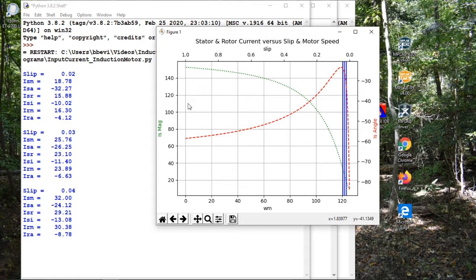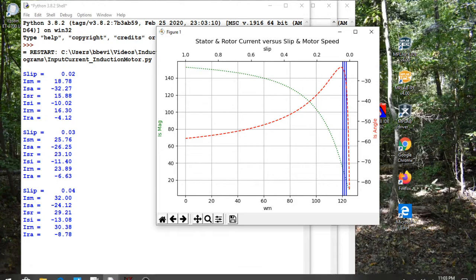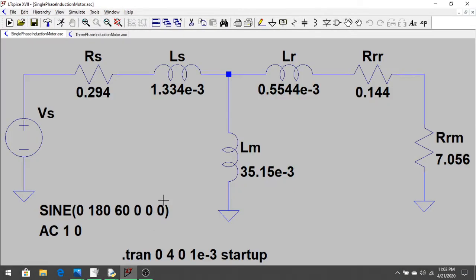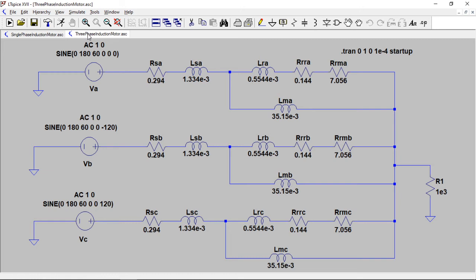Now notice, and we'll see this again, and actually I guess I can pull it up right now. Let me pull it up right now. LTSpice, and let me pull up the other one here. The single phase: each phase is going to have pretty much the same current if it's balanced, or pretty close to the same. And so this is the actual current we're going to see on each one of these lines here, essentially flowing into one of these.